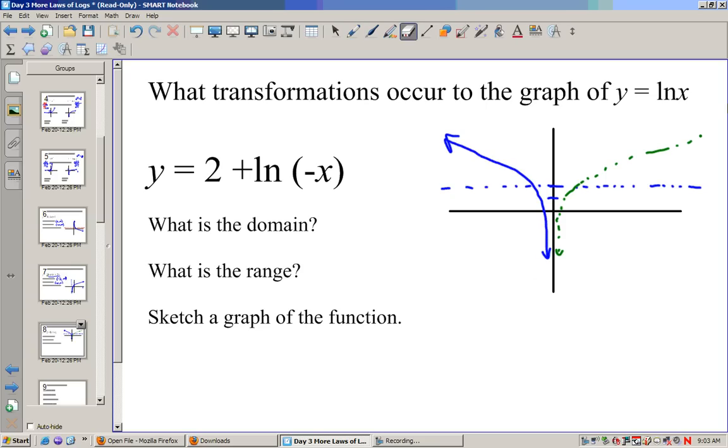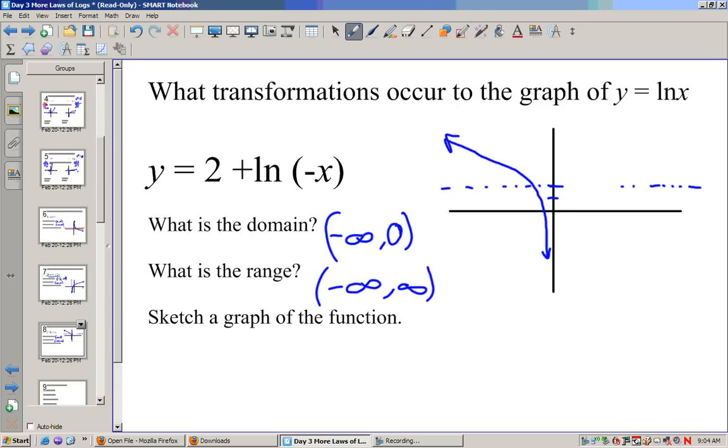So that blue is what we're looking for. Or did I say x-axis? Y-axis is what we're reflecting over. And that blue graph is what we got. Now our domain goes from -infinity all the way up to 0, and not including 0, so we use parentheses. And the range again goes from -infinity to infinity.